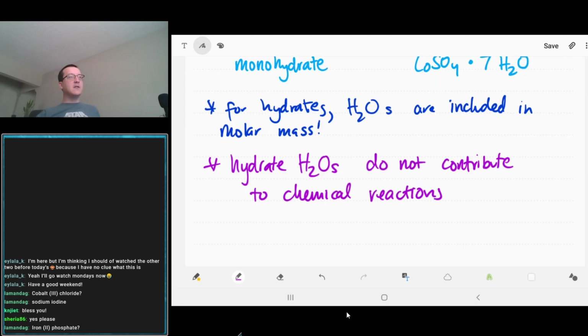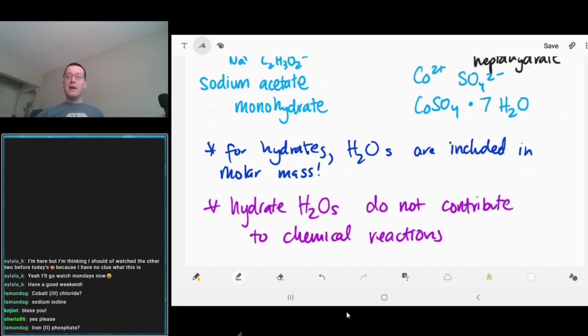And so as soon as you dissolve these compounds in water, those other waters just join the other waters. They are no longer attached to the compounds. So anytime you see a hydrate, that has to be a solid. And as soon as you dissolve it, that water goes away, so it's not going to be part of a chemical reaction. That is something we're going to see many chapters from now, but I just want to plant that idea in your head.